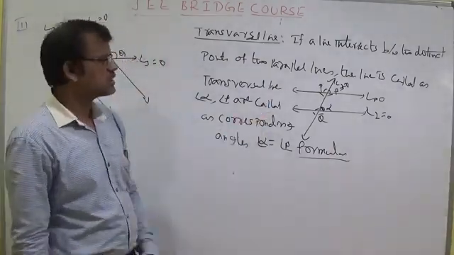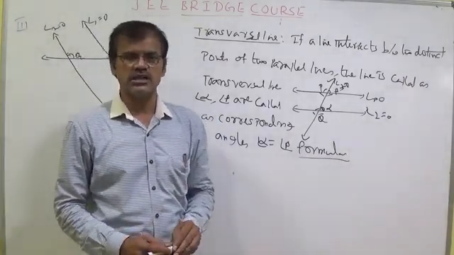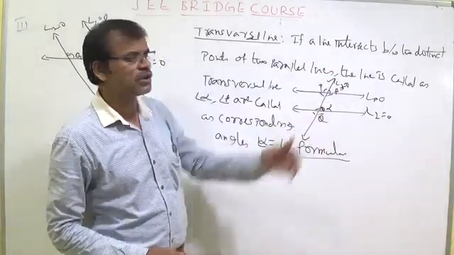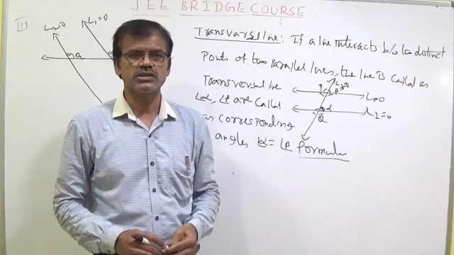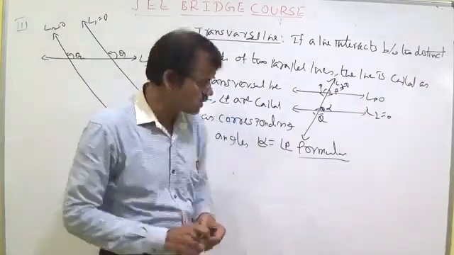If a line intersects two parallel lines in two distinct points, such line is called a transversal line. Among the transversal line, if two angles are above the line, the two angles are said to be corresponding angles. The corresponding angles are equal. It is the theory.